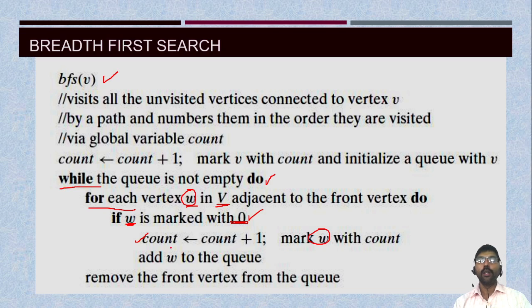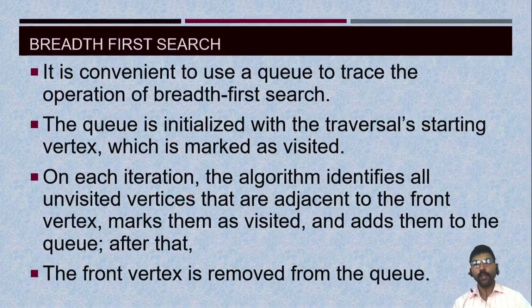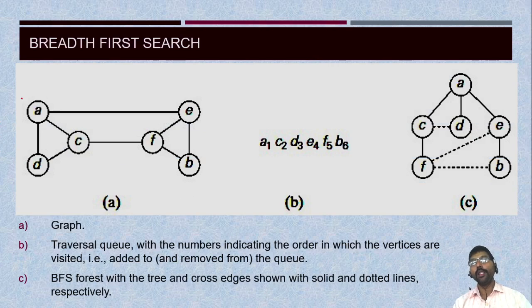Like that, we are adding all the vertices. In our example here, this is initially V and these all are actually W here.